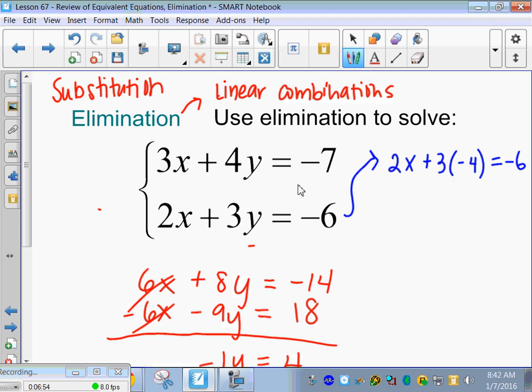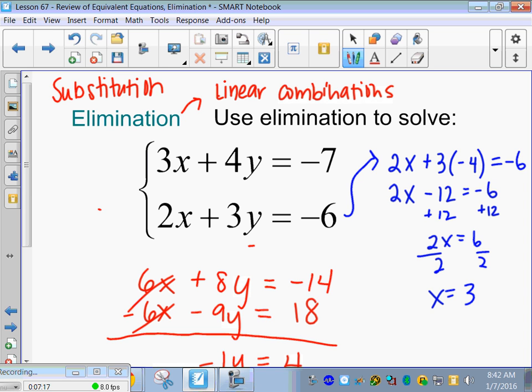Okay? So I do want to see your work on this part. So 3 times negative 4 is negative 12. What would we do next? Add 12. Good. So we get 2x equals 6. What would we do next? Divide by 2. So we get x is 3.